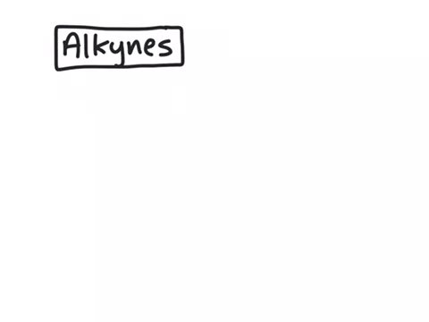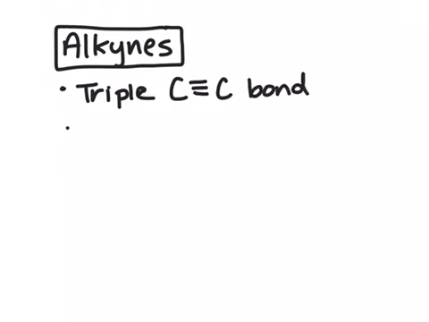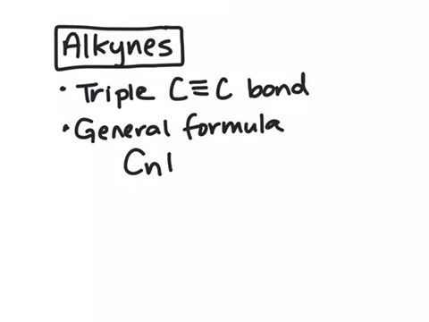Lastly, we're going to talk about alkynes. Alkynes contain at least one triple carbon-carbon bond. And so we draw that as 3 horizontal lines between our carbons. The general formula for an alkyne is CnH2n-2.